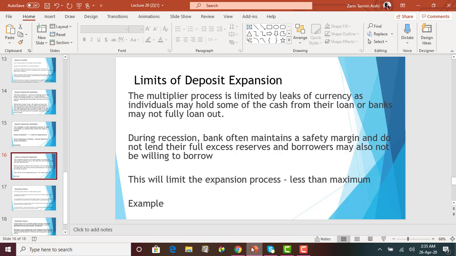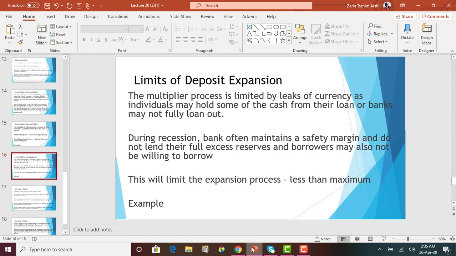So she's going to spend $700, let's say she's buying from Dell, so the $700 will go to Dell's account. But what happens to the remaining 200? She's holding the money back as cash. So that will limit the multiplication process.